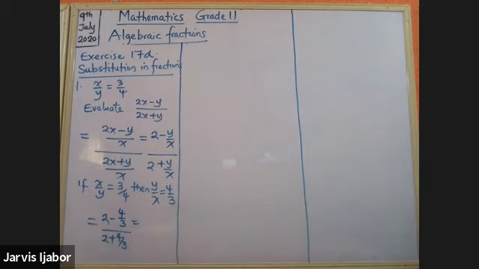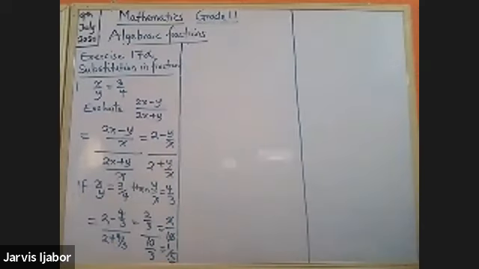When you do that, this will give me 6 minus 4, that will be 2 over 3, over 6 plus 4, that will give me 10 over 3, which will be 2 over 10, and my final answer is 1 over 5. So the answer for the first question is 1 over 5.